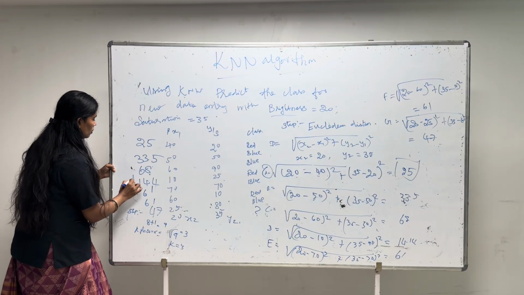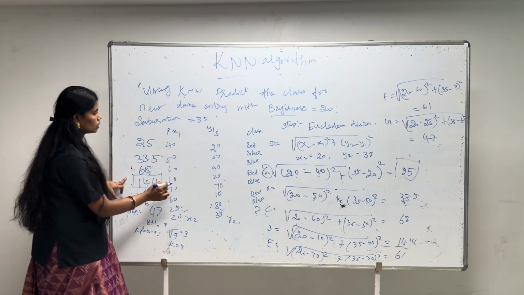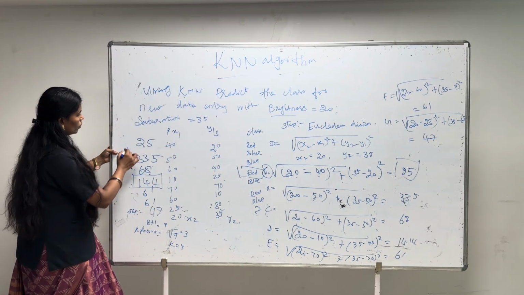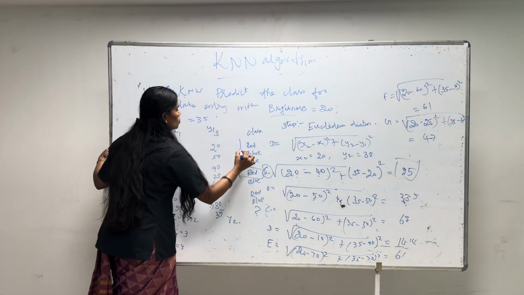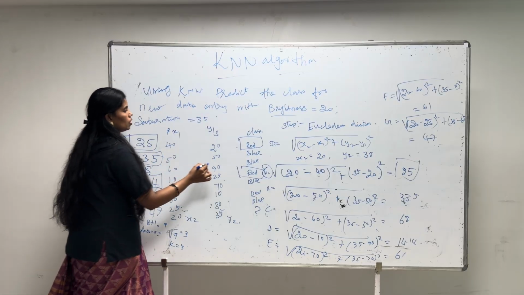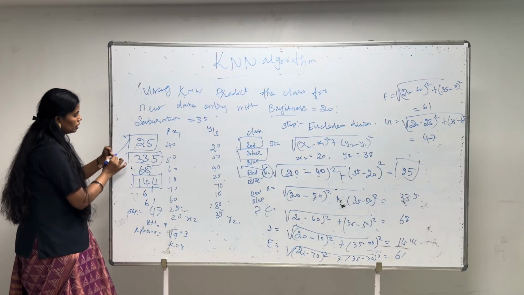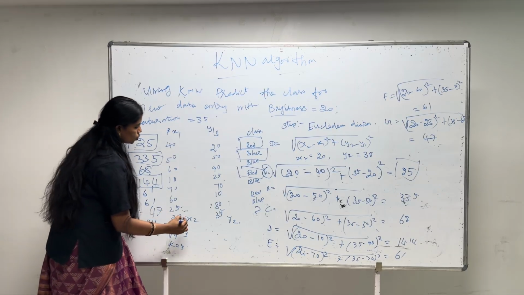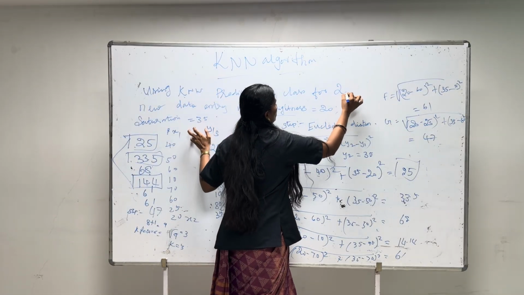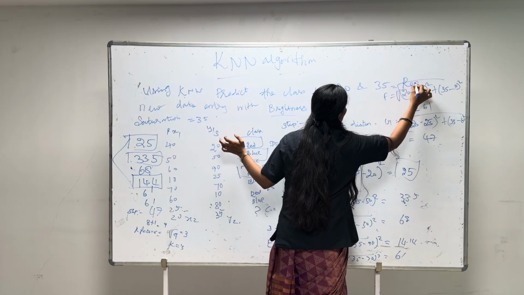First we take the smallest values. The first one is 14.4, which belongs to the red category, and the next one is 25, which also belongs to the red category, and the next one is 33.5, which belongs to the blue category. So from this the majority is red. So the brightness and saturation point 20 and 35 belongs to the red category.